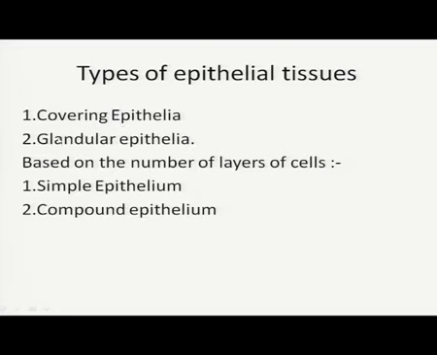The second category is glandular epithelial tissue, which can act as a gland. Now, based on the number of layers of cells, we can classify these epithelial tissues into two different groups: simple epithelium and the other is compound epithelium.